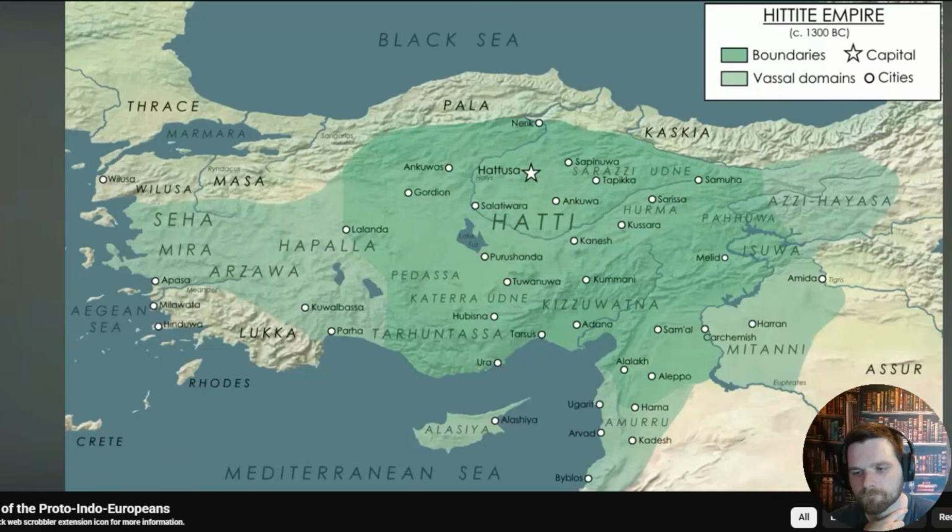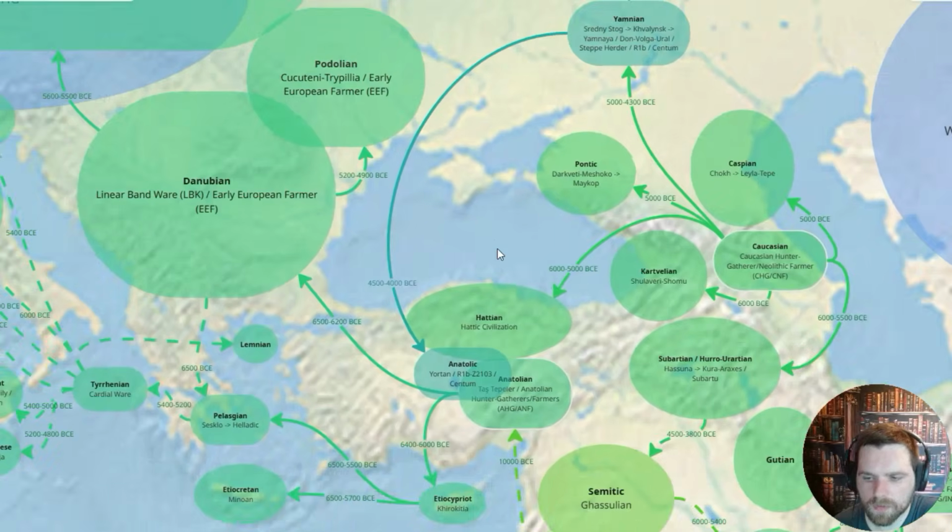Hittite was first attested around 1800 BC in a cuneiform tablet at Hattusa, Anatolia, after the Hittites had conquered it from the Hattian civilization. Anatolic, indeed, including Hittite, is the oldest remnant of Indo-European. It's the one that seems to have split off the earliest.